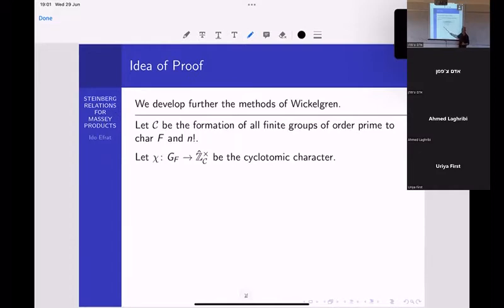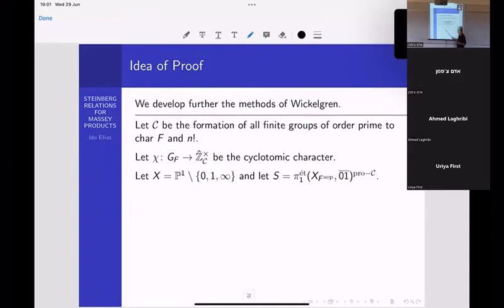Let chi be the pro-C cyclotomic character from the absolute Galois group, which acts on this group via the Galois action. Now comes the geometry.